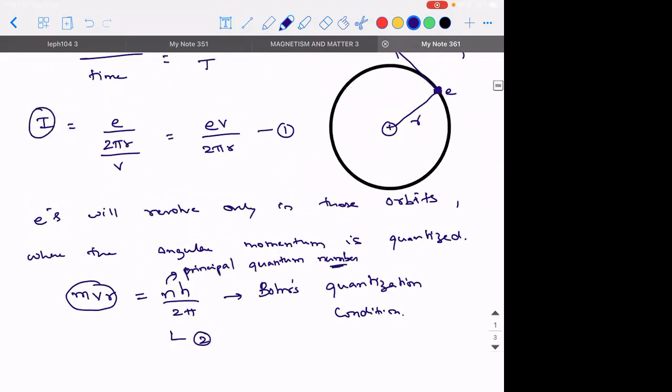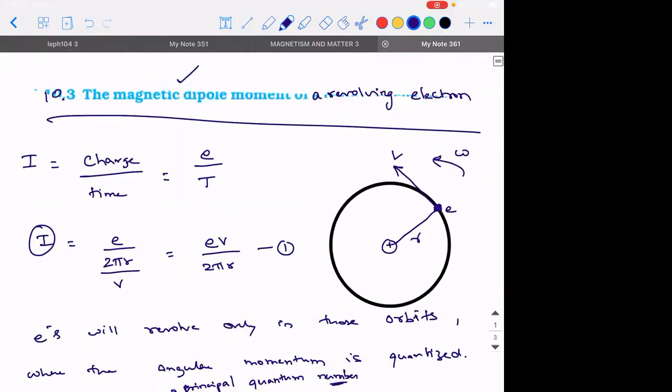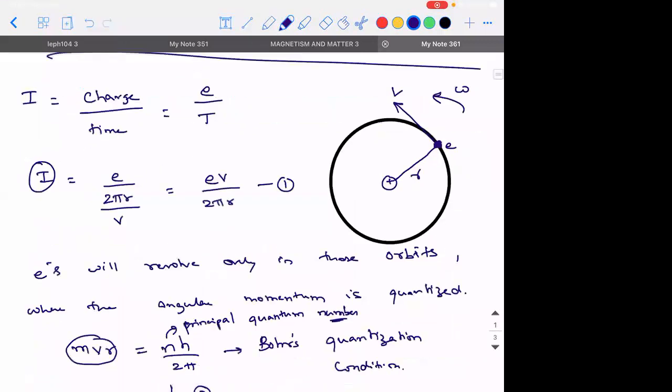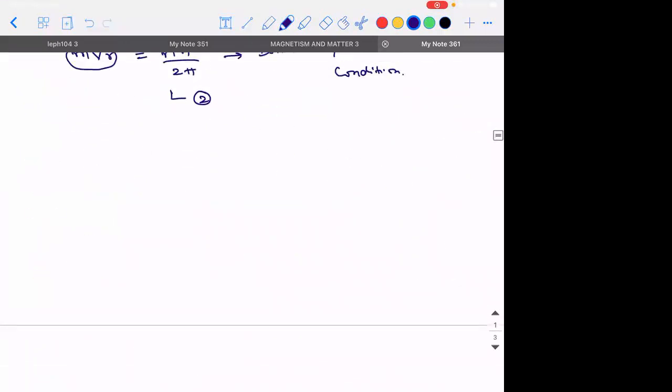We have found what is current. But what is the topic? The topic is magnetic dipole moment. So what is the formula for magnetic dipole moment? The magnetic dipole moment M is equal to I into A. This is from the knowledge of the previous chapter.